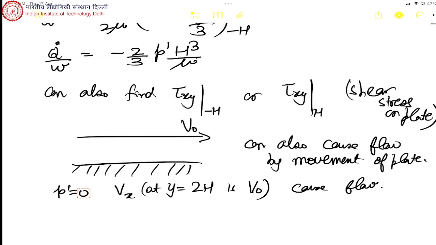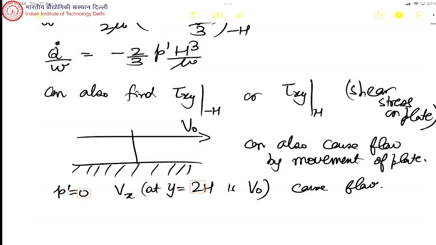Now in this case, because P prime is 0, d2 Vx by dy square will be 0. So what will be the velocity profile? It will be a linear profile because the second derivative is zero.